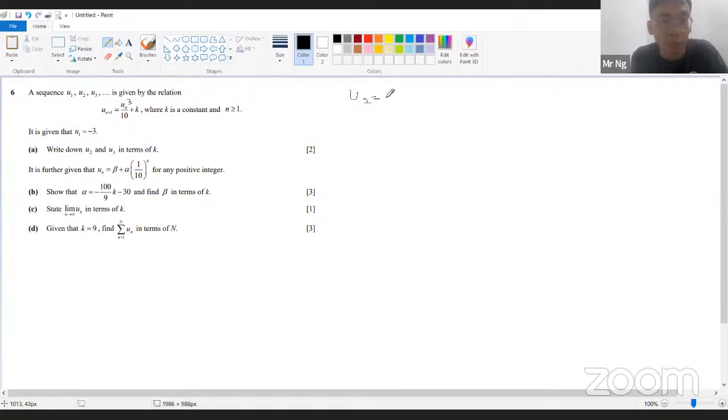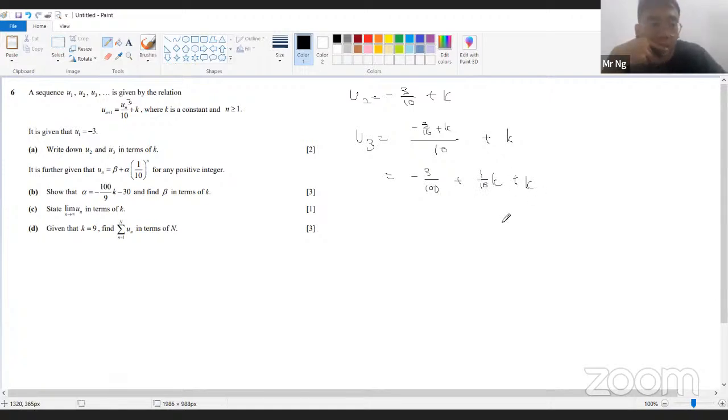So U2 equals minus 3 over 10 plus K. And U3 equals U2 plus K, equals minus 3 over 100 plus 1 over 10 K plus K. Check. Minus.